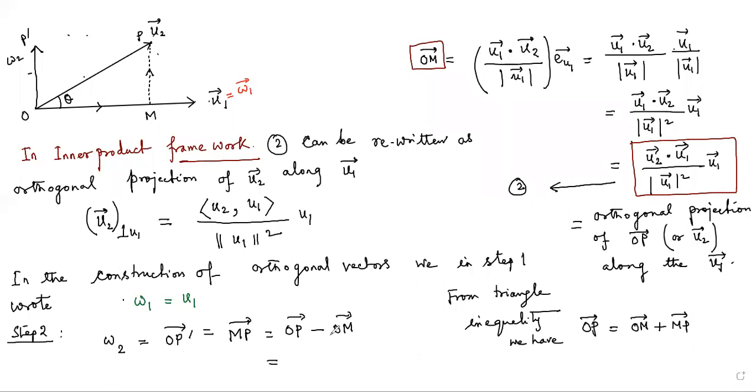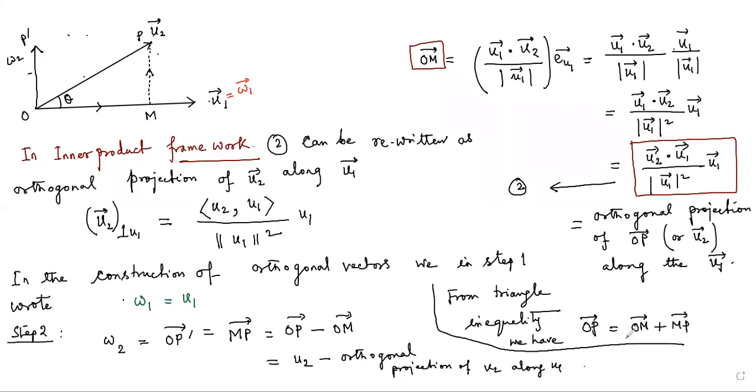What is OP vector? OP vector is your U2. And what is OM vector? OM vector is the orthogonal projection of U2 along U1. Orthogonal projection of U2 along U1.